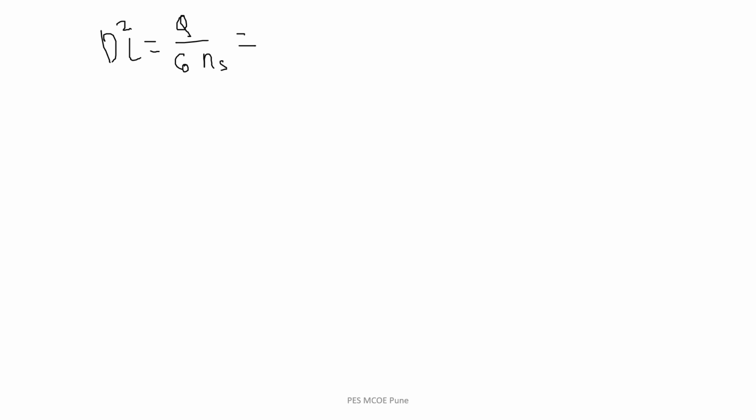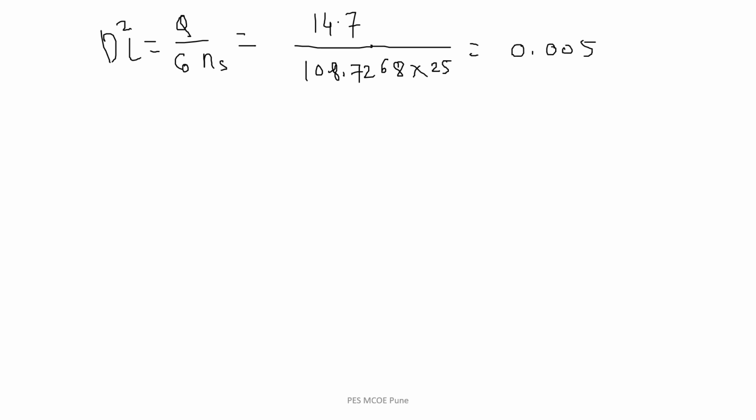We can calculate with the values from the previous slide: Q divided by 108.7268 into 25. So D square L will become 0.0054 meter cube.